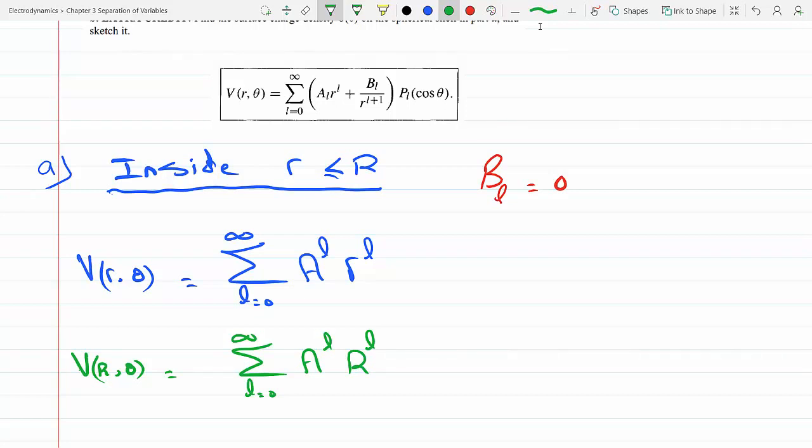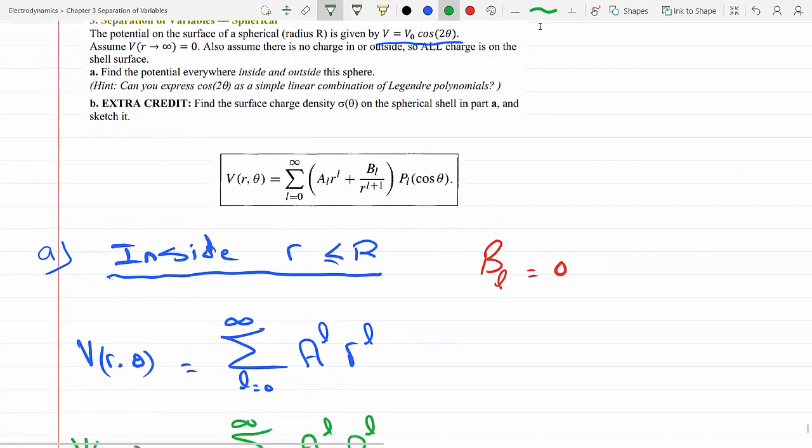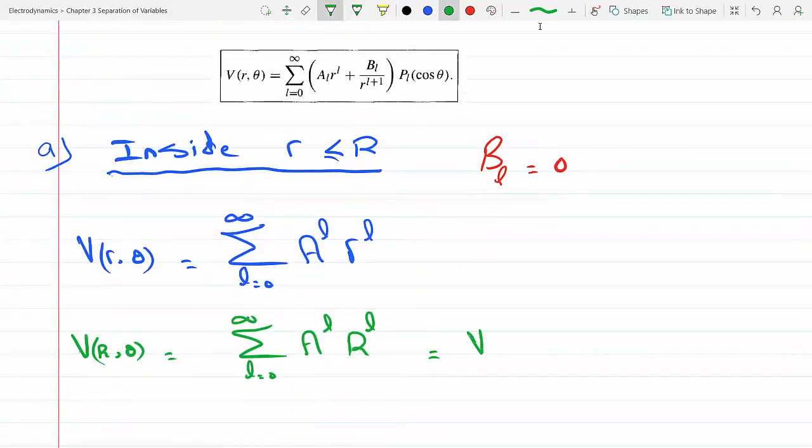okay? And this has to equal, apologies, I forgot the PL cosine theta, the Legendre polynomials. So let me stick that here.